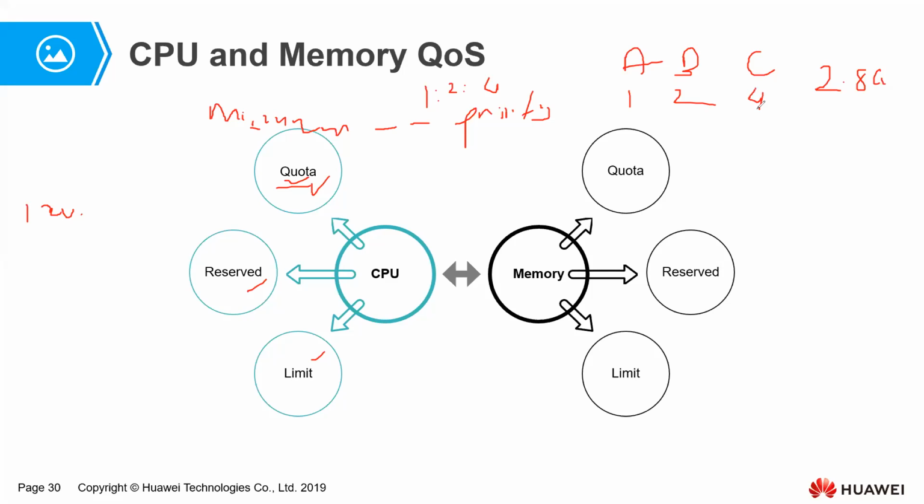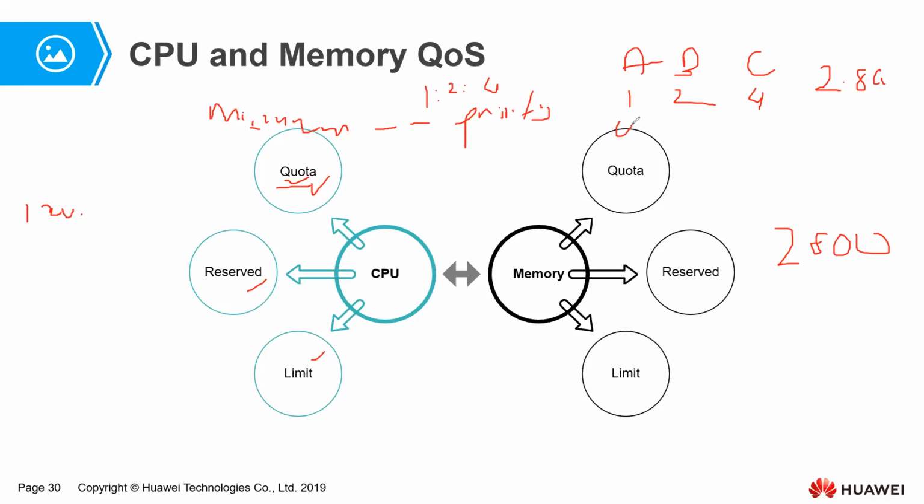So when the CPU workloads of the virtual machines are heavy and the system allocates CPU resources to the virtual machines based on the quotas we have defined, virtual machine A with the 1,000 CPU quota can obtain a computing capability of about 400 megahertz, when you do the ratio against the 2.8 gigahertz we have.